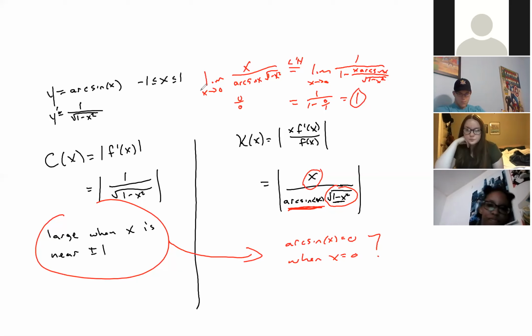That's where we did all this work up at the top to figure out what's happening when x is close to 0 for our relative condition number. You get 0 over 0, which is indeterminate, so we did L'Hopital's rule, and we got 1, which tells us that at 0, even though you get 0 in the denominator, it's not a problem because it's getting close to 1. And so there's not another vertical asymptote there.